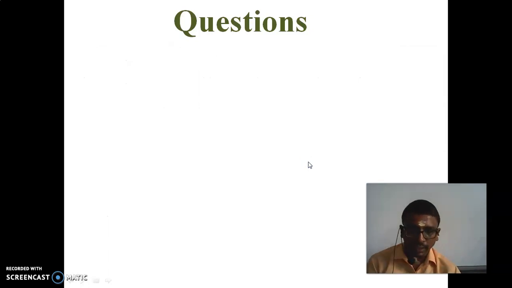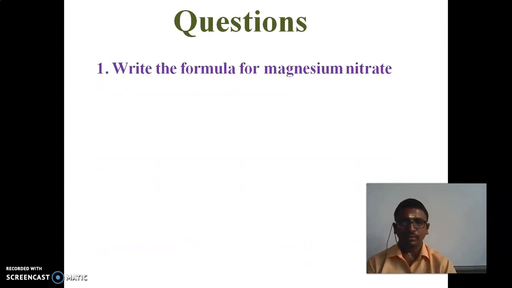Next we will see how to write the chemical formula. The first question is, write the formula for magnesium nitrate. For that, first we have to know the symbols of the cation and anion.